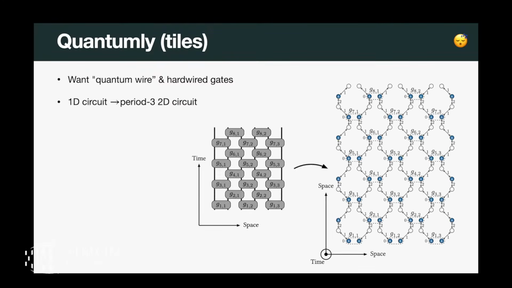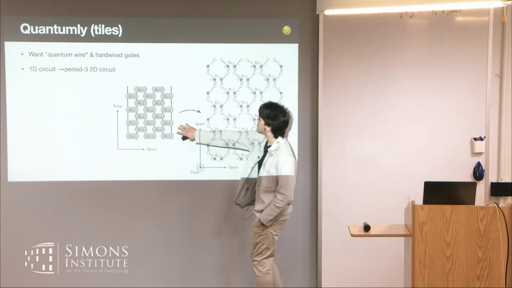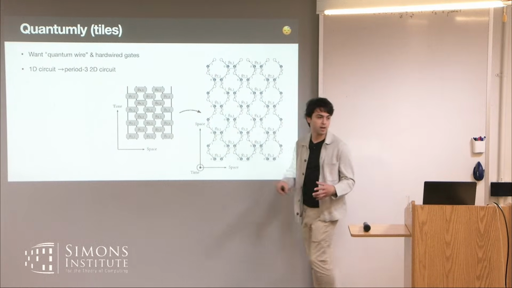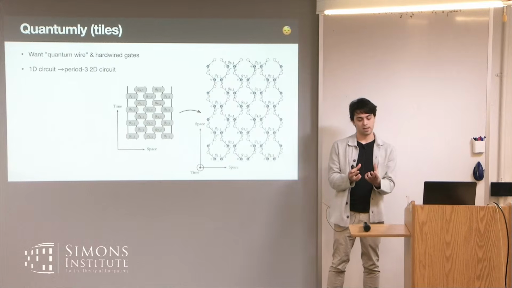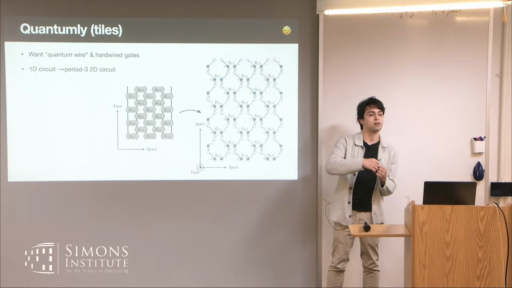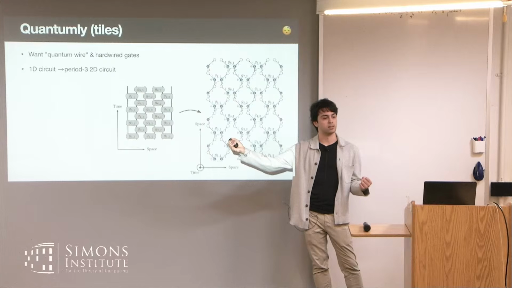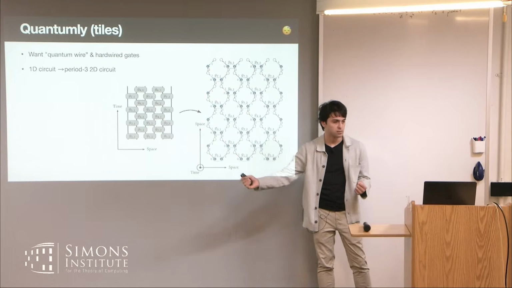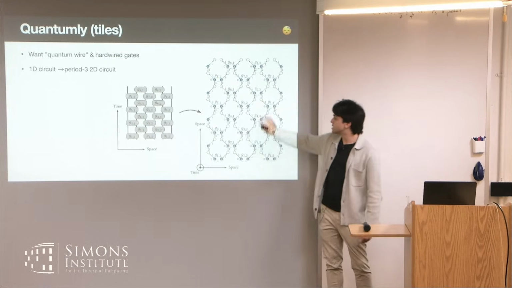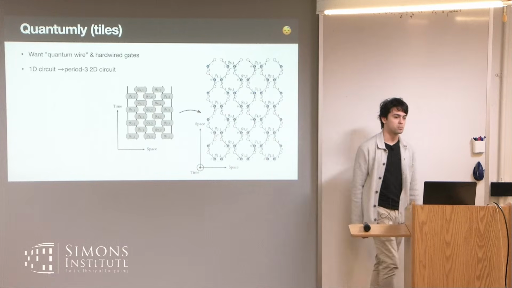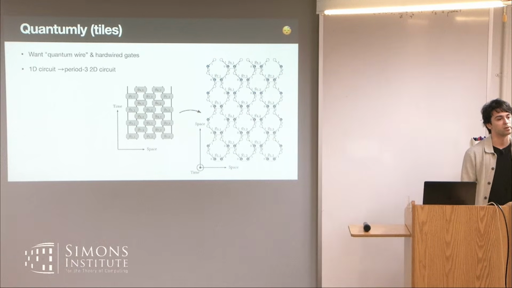Actually, each one of these gates can be different? So this is not periodic, whereas this is. So I've taken something that is not periodic, and I've unrolled it into an extra spatial dimension. And this thing itself doesn't have to be periodic, but I'm going to want it to be periodic because I'm going to hard code a lot of things.